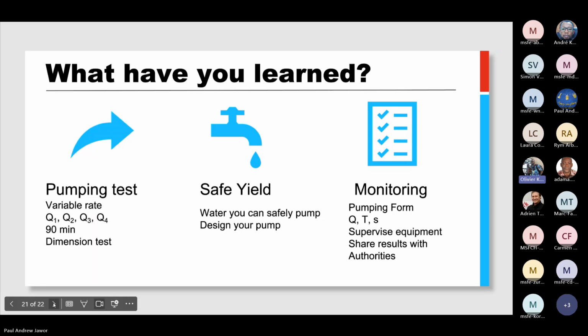We collate this information and store it for MSF future references, but we also always recommend handing this over to the authorities, because when we MSF are not around, they can use this information in the future to understand the characteristics of the borehole that was drilled by us, and to see what can be done if they need to intervene on this borehole.